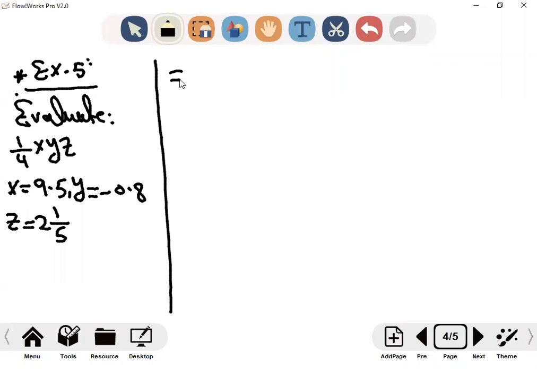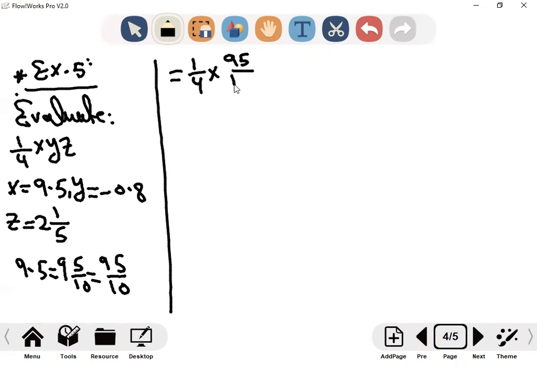So this is equal to 1 over 4 multiply x, how much? 9.5. Now the 9.5, it is 9 and 5 over 10. Turn it to what? Direct. It will be 95 over 10, right? Put it here. Multiply 1 over 4 multiply x multiply y.